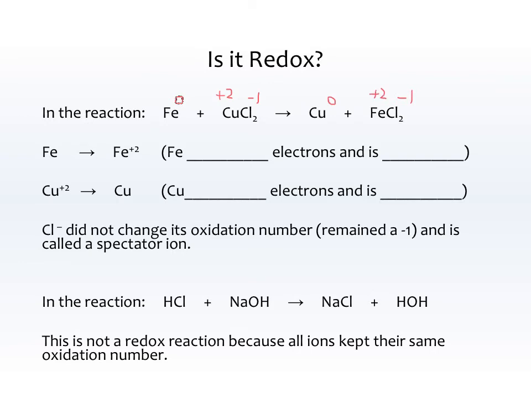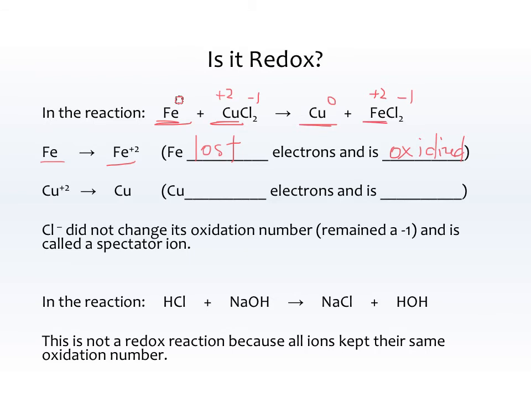So we've got iron going from Fe0 to Fe+2. Look at the charge. It went up. The reason why it went up must have been because it lost electrons, and if it lost electrons, that's oxidation. For copper, it starts at +2 and it ends at 0, so the oxidation number is going down.